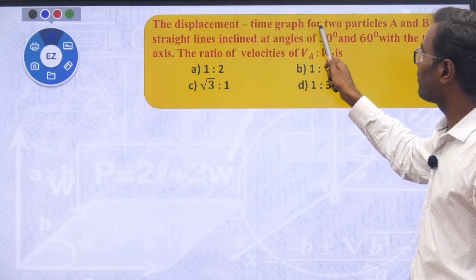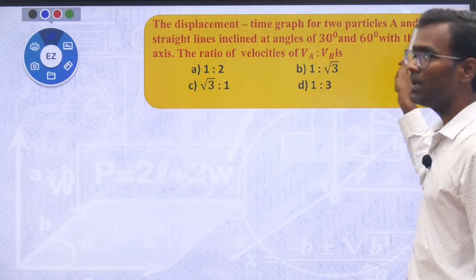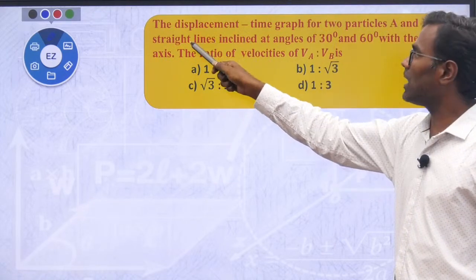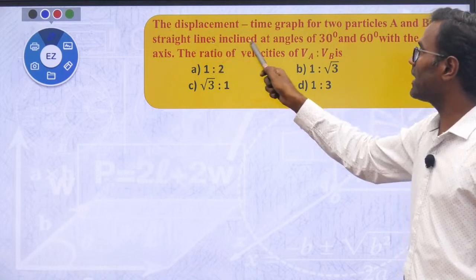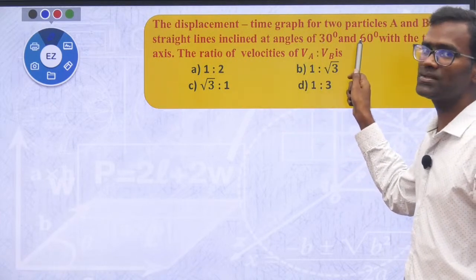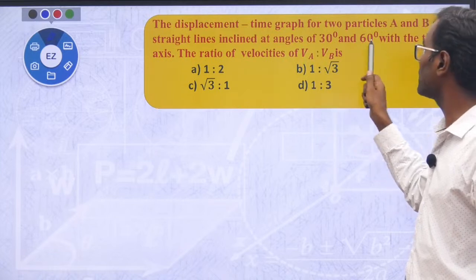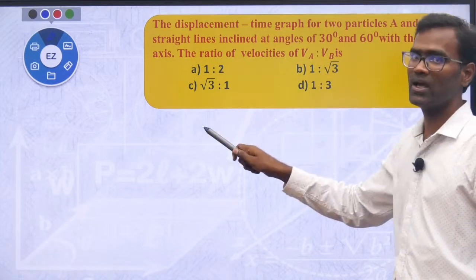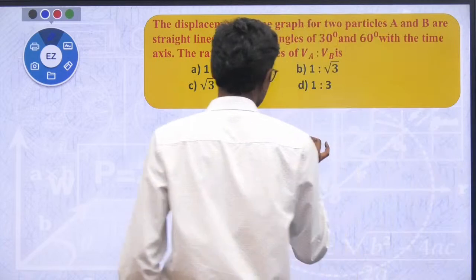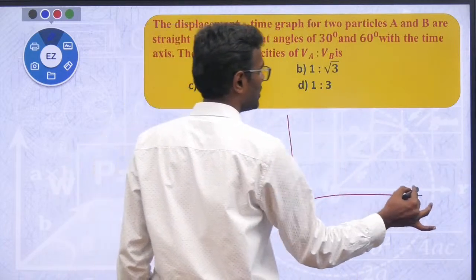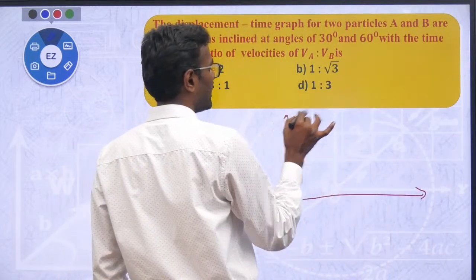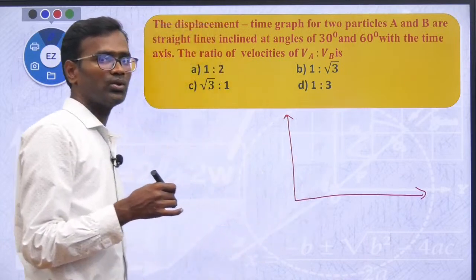The displacement time graph for two particles A and B are straight lines inclined at an angle of 30 degrees and 60 degrees with the time axis. So one is 30, another one 60 degrees. If you understand the question, 99% of the answer will be there with you.